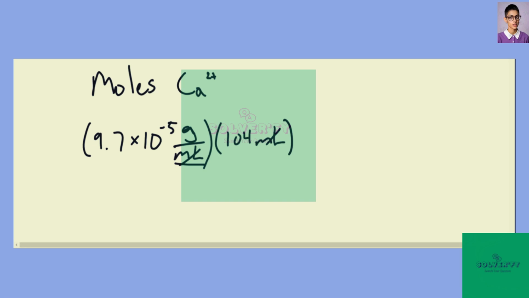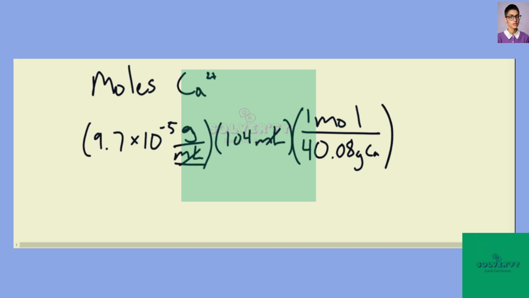But in order to find the moles, we do need to have 1 mole here and divide it by the mass of the calcium. Okay, so that makes the grams cancel out there. And this equals 2.5 times 10 to the negative fourth moles.